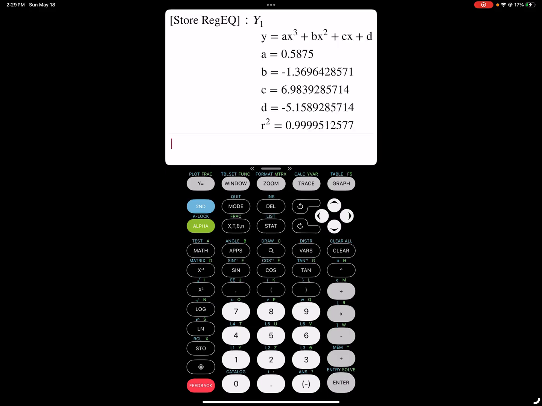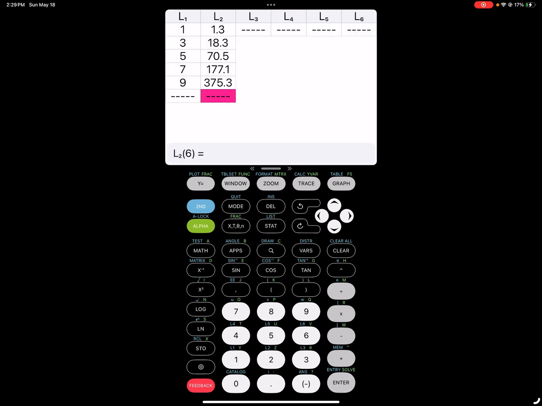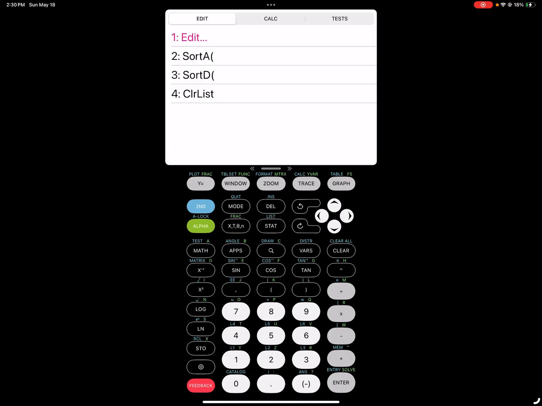Okay, so you got 0.5. That means we put something in wrong. Stat, enter. Look at this list: 1.3, 18.3, 70.5. Let me just try something real quick.